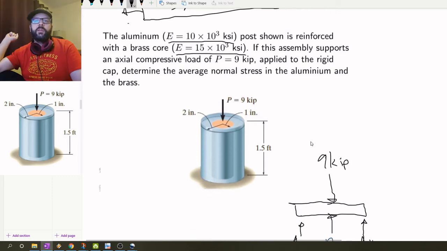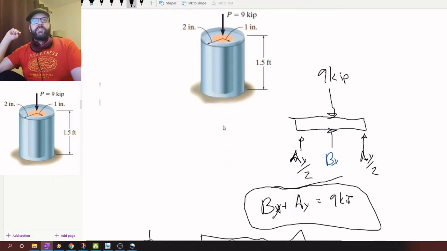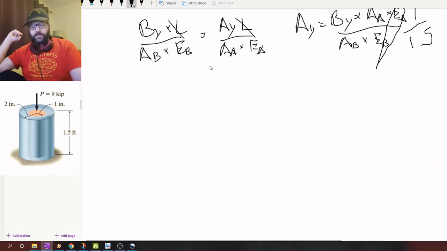The radius for the brass core is 1 inch. The radius for the aluminum outside sleeve is 2 inches.